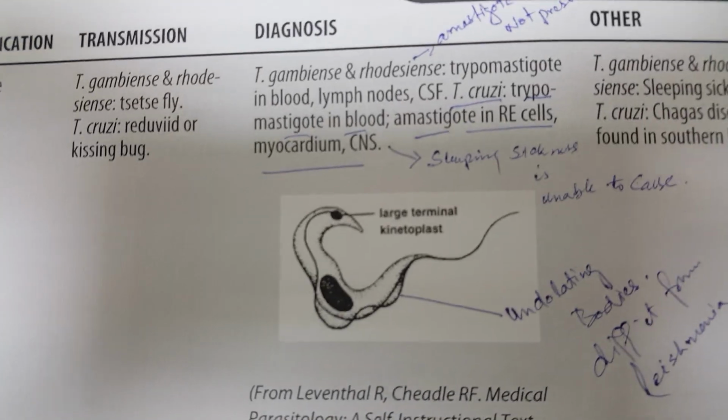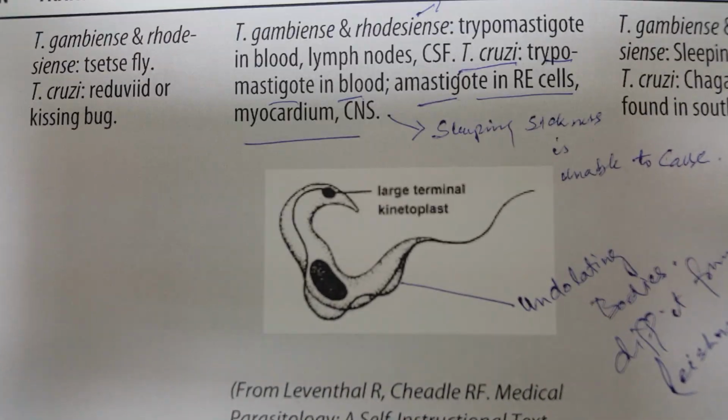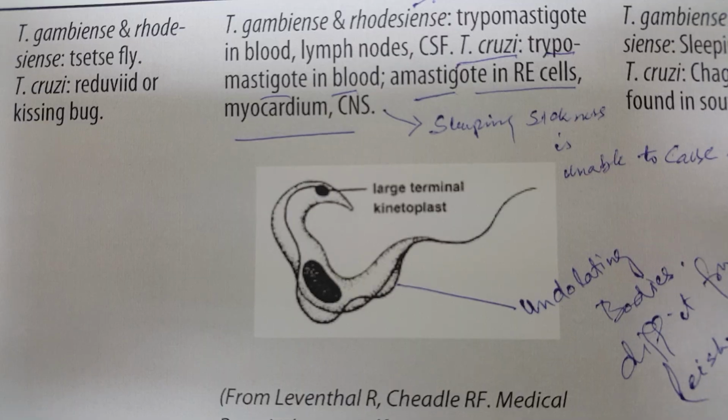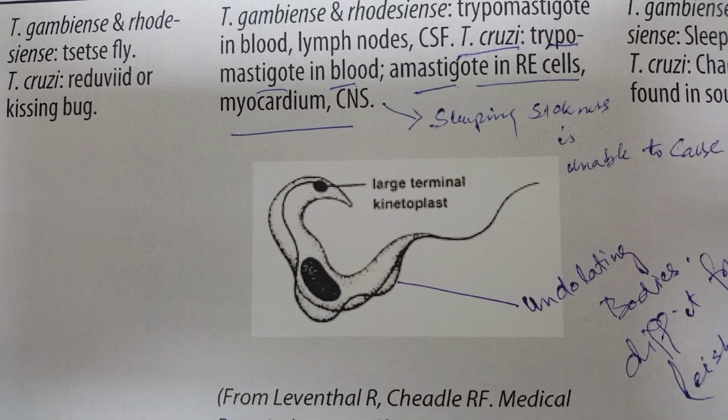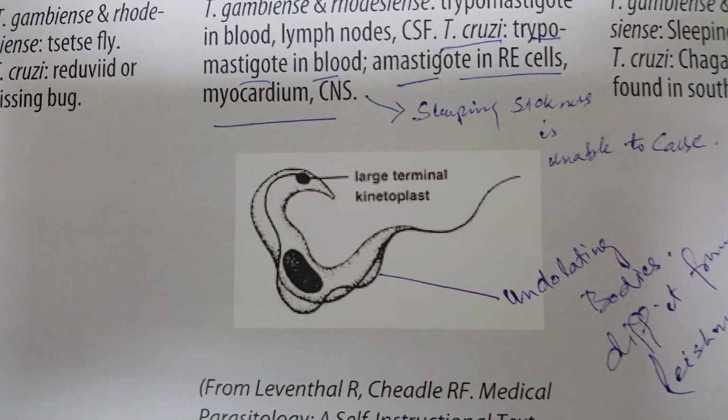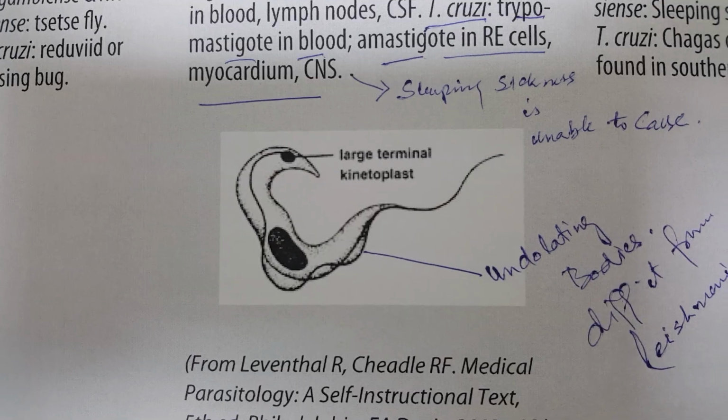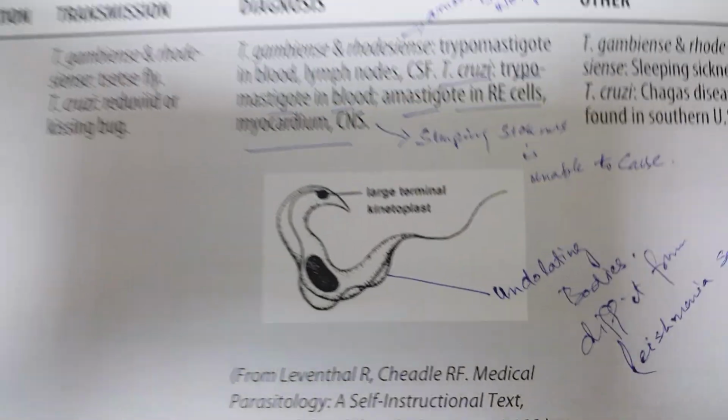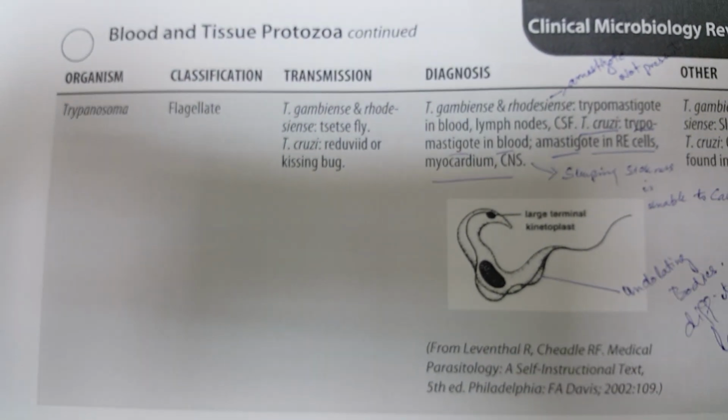If we see the picture of trypanosoma, you will find the large terminal kinetoplast and also undulating membrane, which differentiate it from Leishmania. It's a unique property of Trypanosoma species only.